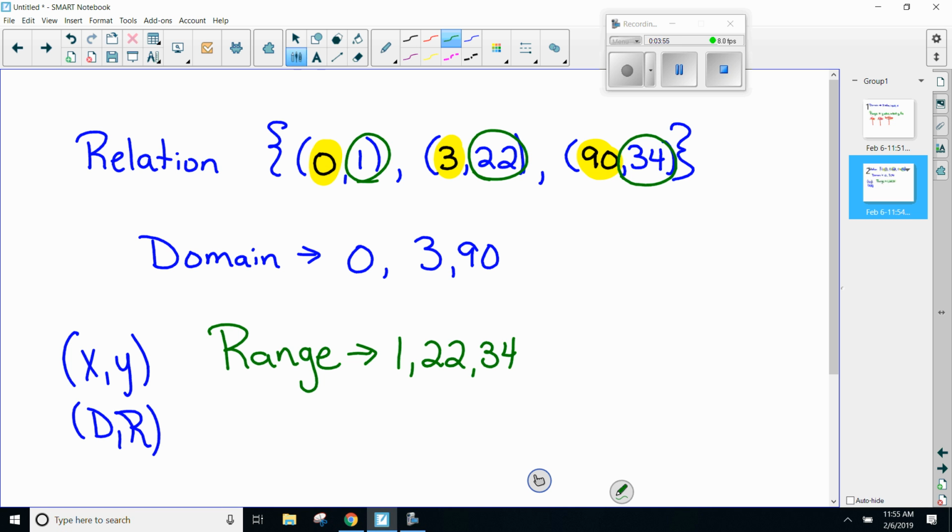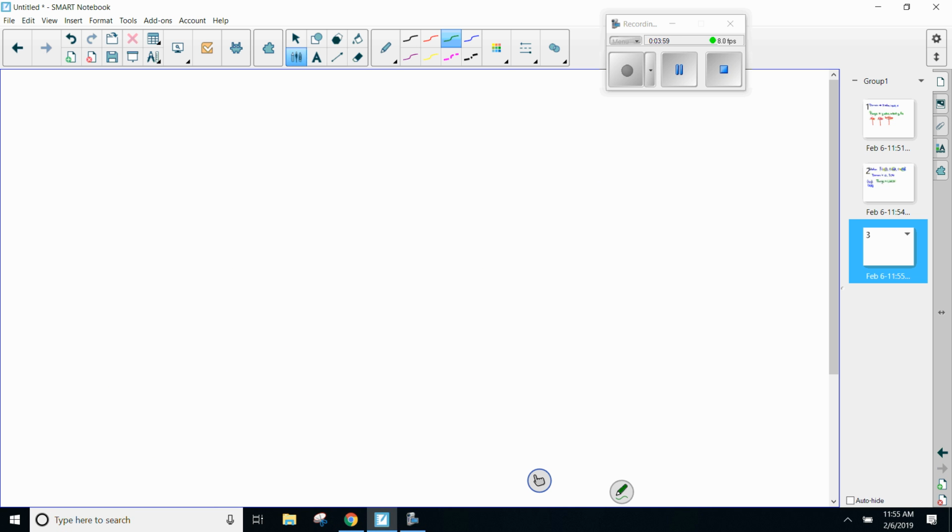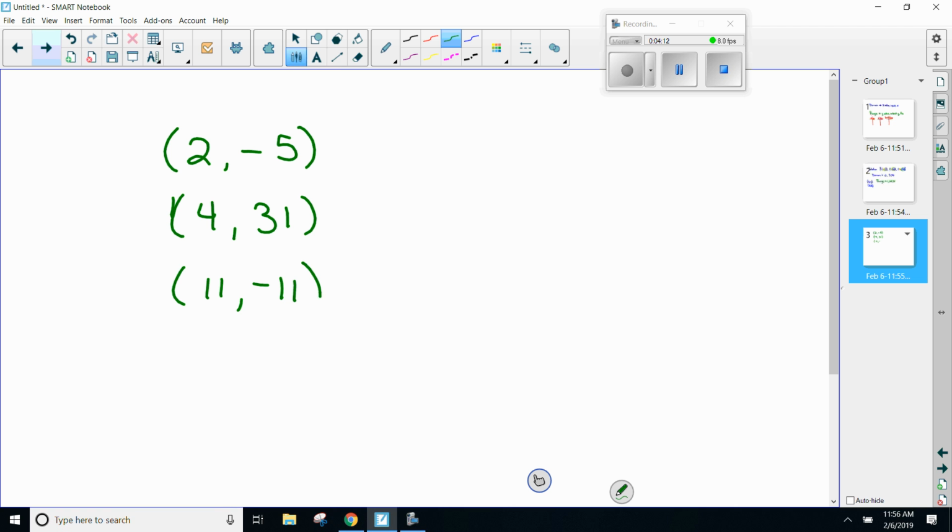So in the next relation that they list for you, can you see you have the coordinate points 2, -5. I'm going to write them this way for a second. It has the points 4, 31. You have the point 11, -11. You have the point -21, 3.